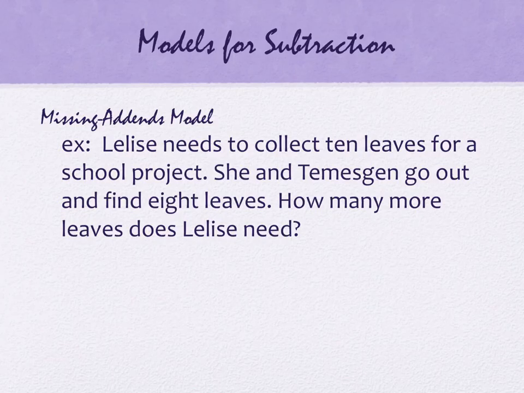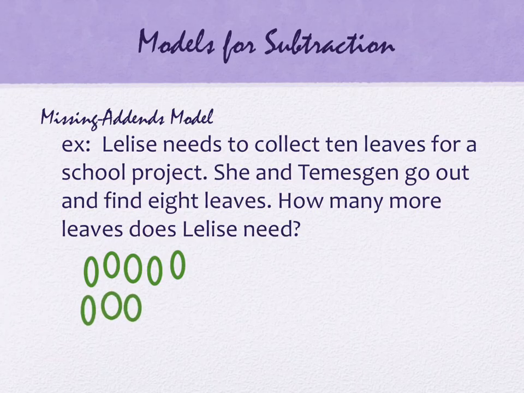So she needs to have 10. I'm going to draw 10 leaves. I'm going to draw the 8 that she has. Let me start with that. Here's her 8 leaves that she already has. It says she and Temeskin go out and they collect 8, so these are the 8 leaves that she has.